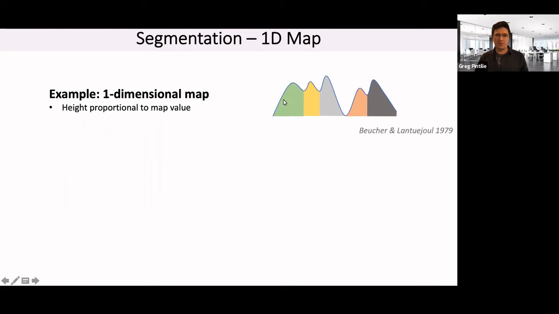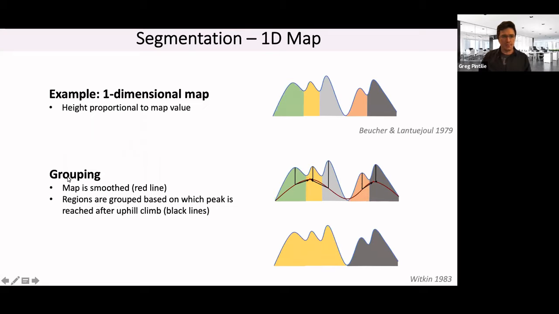One way to break this map apart is to assign a region to each peak in this curve, and then the valleys, or the lowest point between these peaks, is where we put the boundaries between them. Generally, because we do have noise in such maps, this can create a lot of different segments, which may or may not be signal. It could be noise.